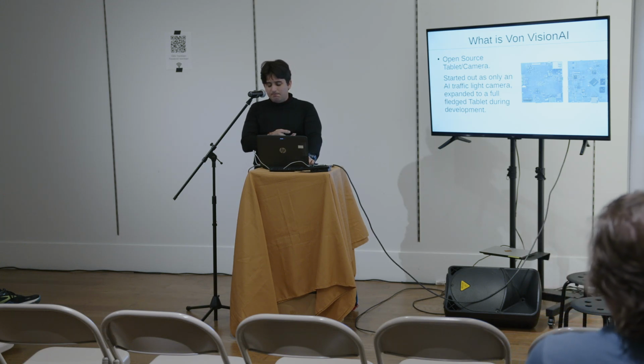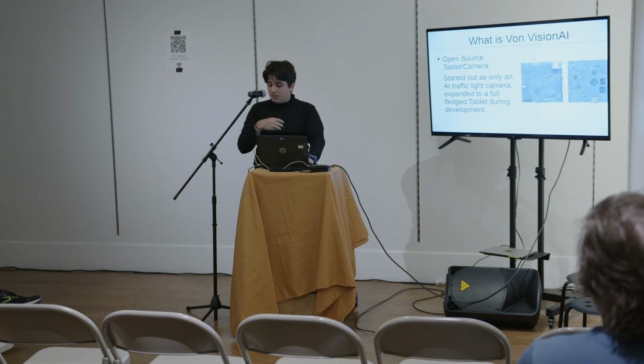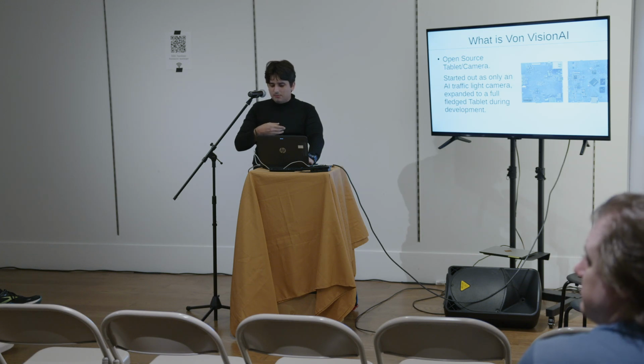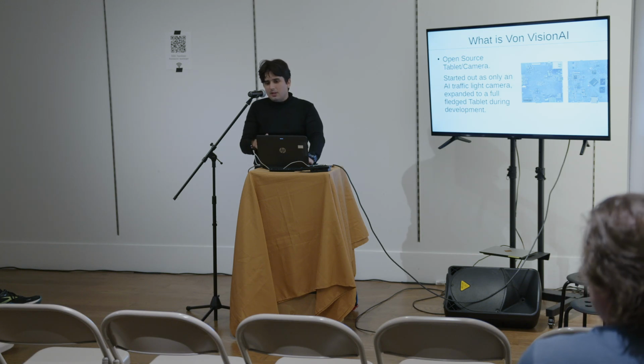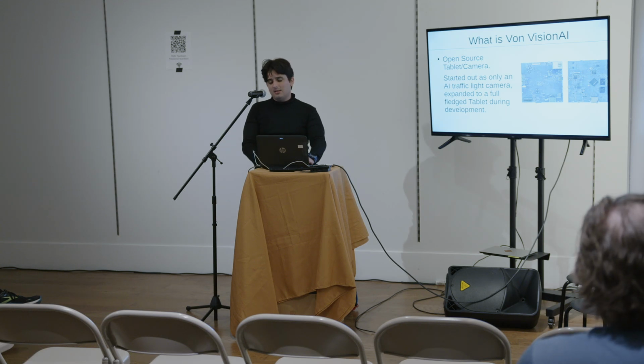In fact, most of the camera devices manufactured by companies like Hikvision or similar are, in essence, embedded Linux devices. We realized we could use most of the work we had already done and repurpose it into a Linux tablet.